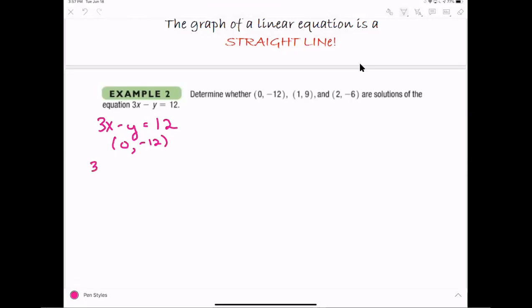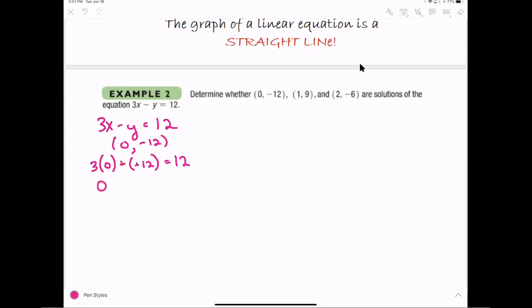We need a true statement. So I'm going to substitute in place of x, I'm going to place a 0. I'm going to bring my minus sign down, and then I'm going to replace my y value with the -12, and then I'm going to set it equal to 12. We can simplify. Of course, 3 times 0 will give us 0.